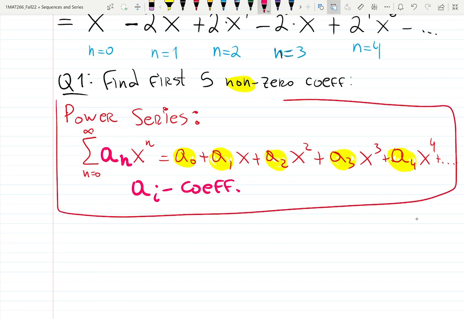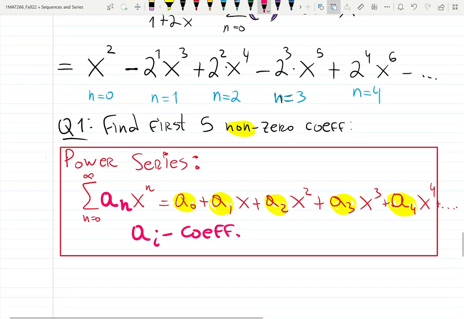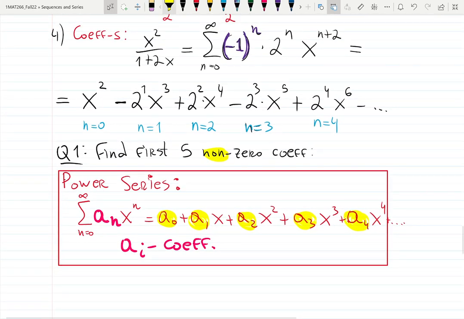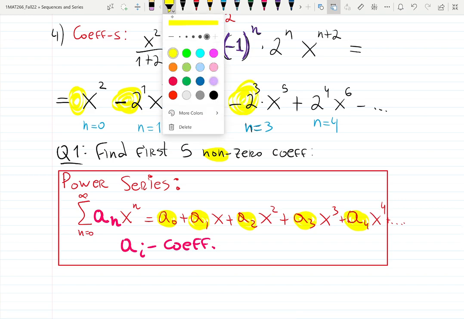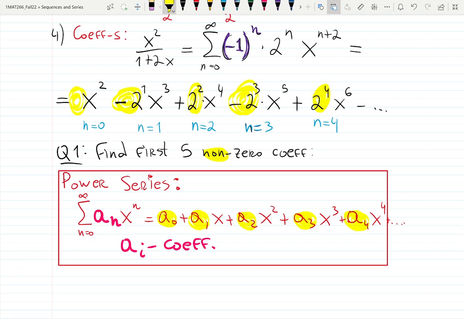Knowing this information, now we can answer the question from what we already wrote. We wrote those coefficients out. The first one is 1, the second one is minus 2, the third one is 2 squared, minus 2 cubed, then 2 to the 4, and so on. So the first 5 are actually here.